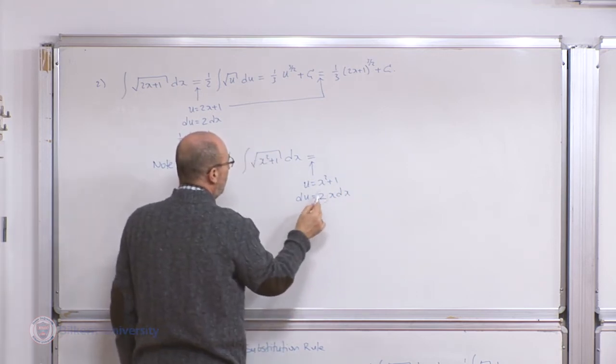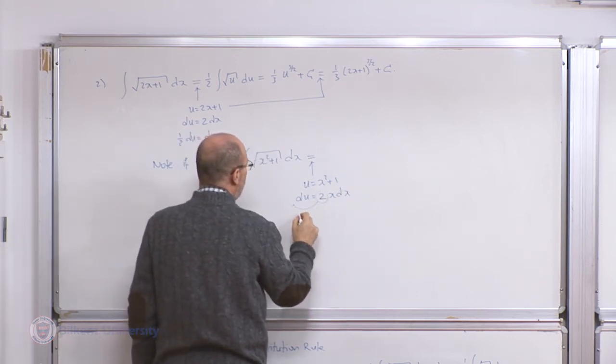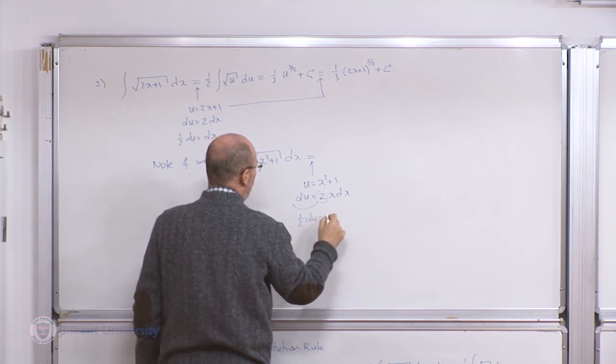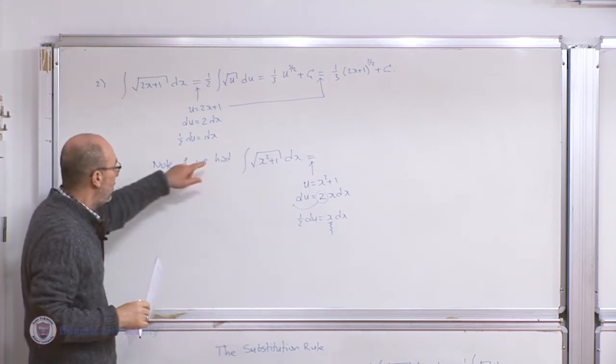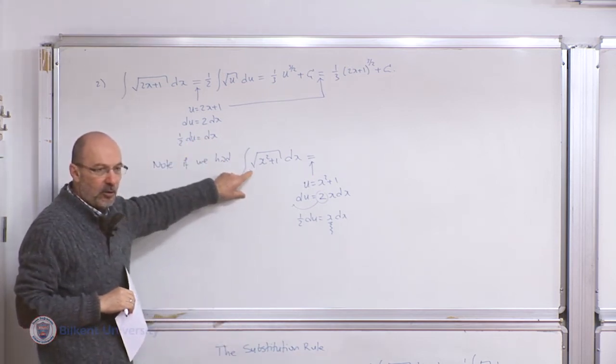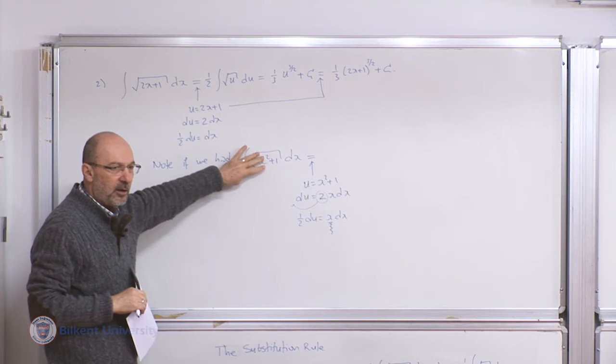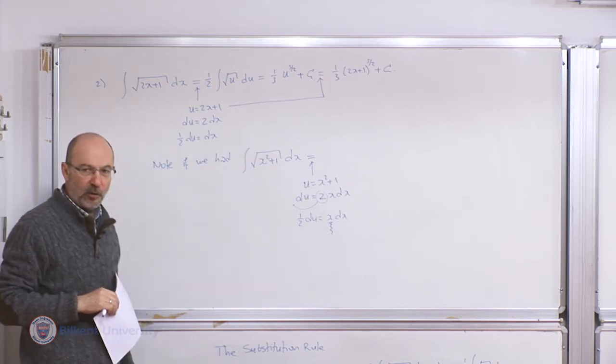I can get rid of this 2 by pushing it to this side, 1 over 2 du equals x dx, but I have this extra x here, and it's not showing up here. So with this integral, this method will not work.